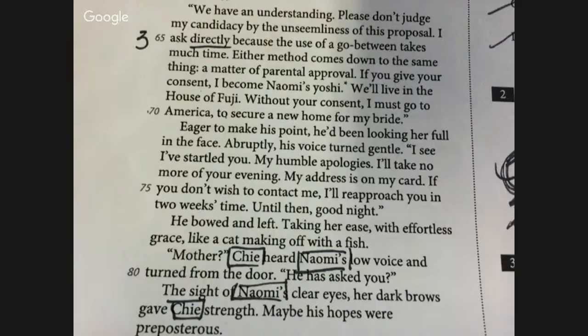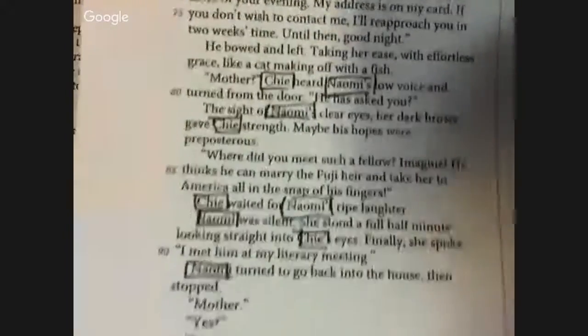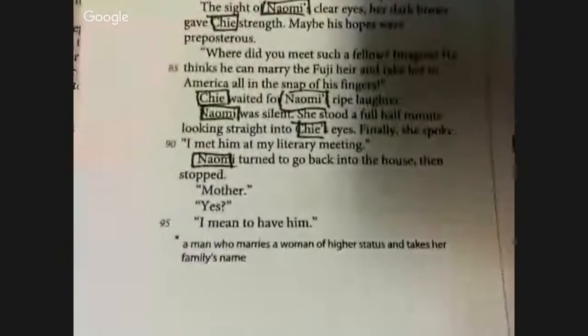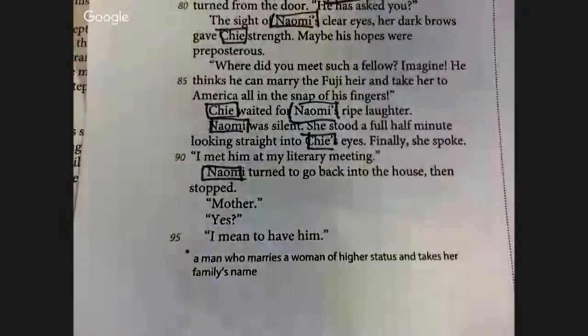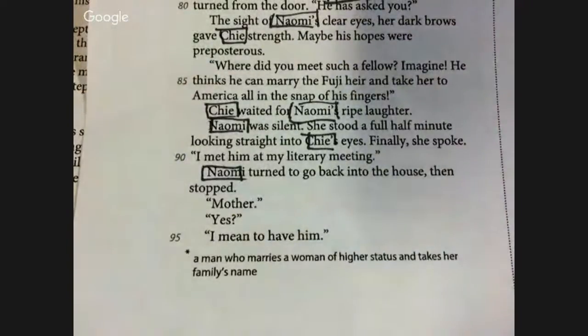"Mother?" Chie heard Naomi's low voice and turned from the door. "Has he asked you?" The sight of Naomi's clear eyes, her dark brows, gave Chie strength. Maybe his hopes were preposterous. "Where did you meet such a fellow? Imagine! He thinks he can marry the Fuji heir and take her to America all in the snap of his fingers."